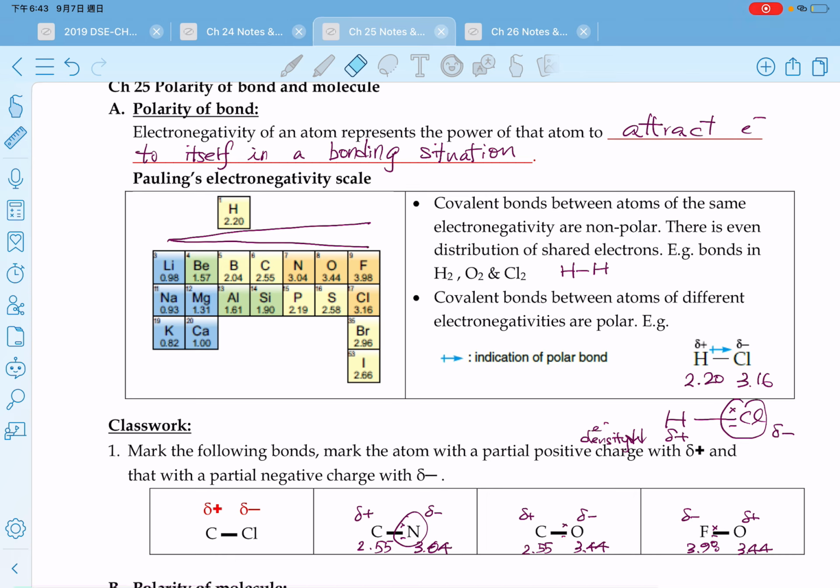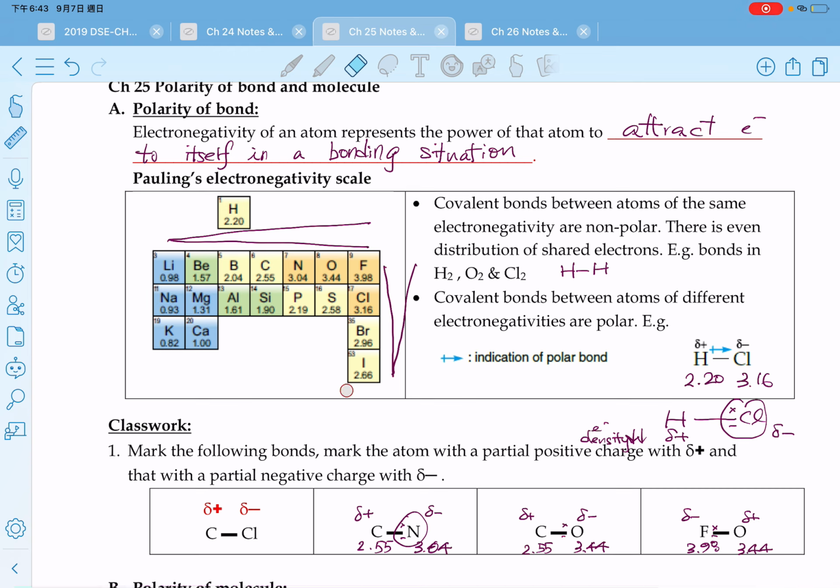As a result, it is easier for the atoms to attract the bonding electrons. While when you go down, for example fluorine, chlorine, bromine, iodine, the electronegativity values get less and less. The values decrease because you have more electron shells.